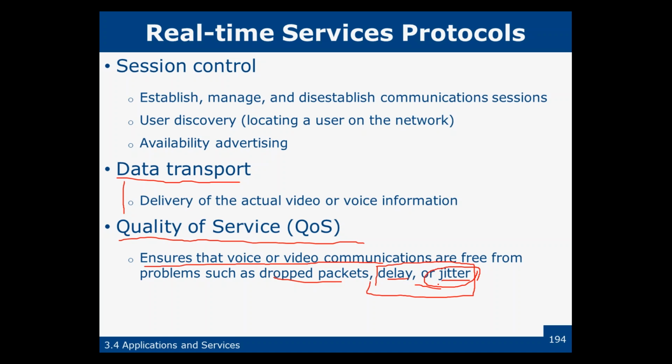But the thing that really hurts VoIP is delay. Dropped packets obviously can be a problem, but these are very small packets. If you drop one or two, it's probably not going to affect the conversation that much. If you drop a whole string of them, you're going to have a real issue.